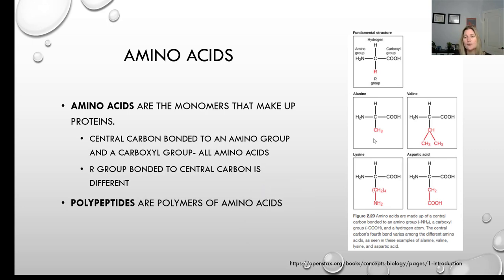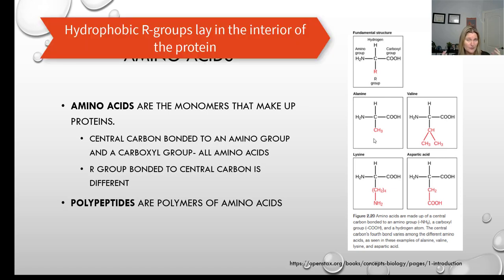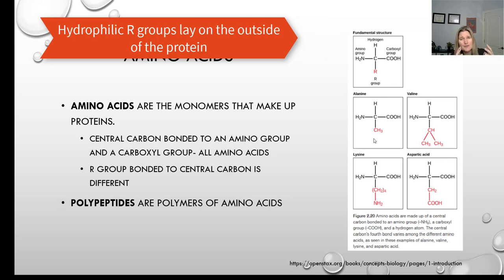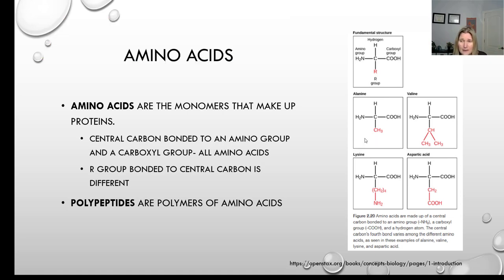The R groups that are hydrophobic, water-fearing, are going to want to be closer towards the middle, so they're going to fold inward. The hydrophilic ones, they like water, so they'll be closer to the outside of the protein, and so forth.